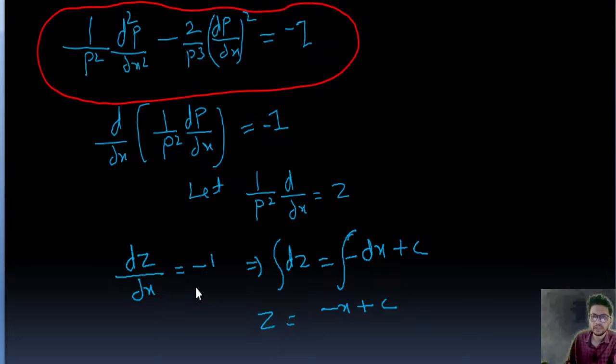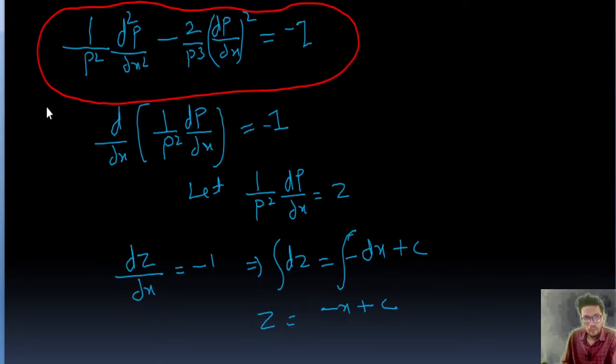Next, now we'll put the value of z, okay? Z is 1 upon p square dp upon dx, what we have supposed to consider. So 1 upon p square dp upon dx is going to be minus x plus c, right?